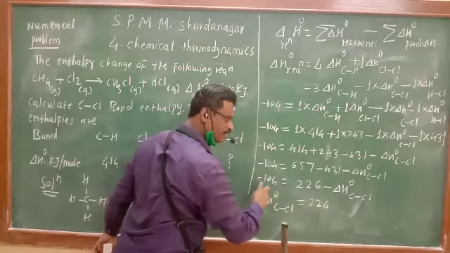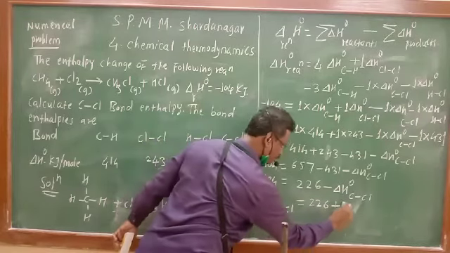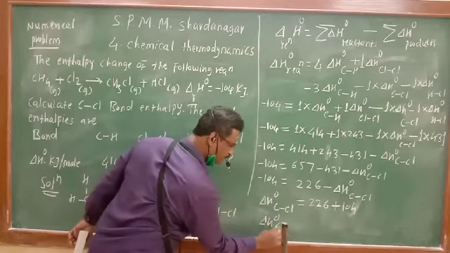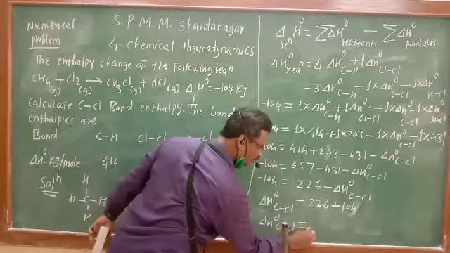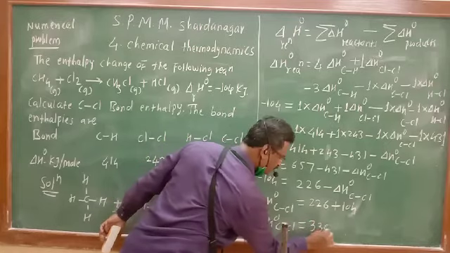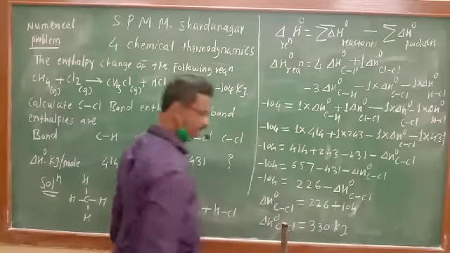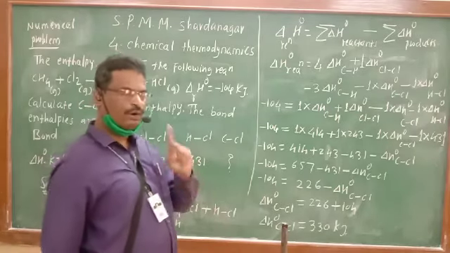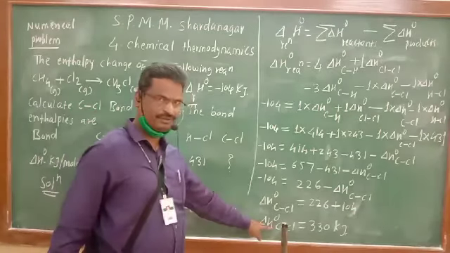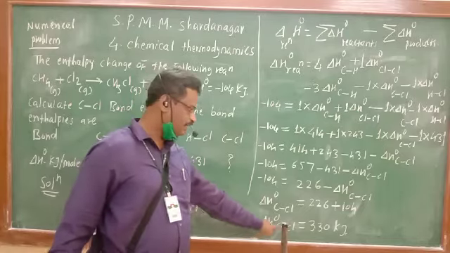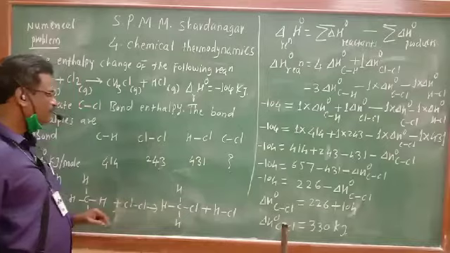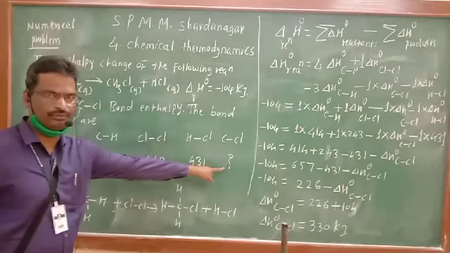This is minus; on the right side it becomes plus 104. Therefore delta H naught of CCl will be equal to 330 kilojoules per mole. To break 1 mole of CCl bonds, the energy required is 330 kilojoules. In that manner, we have calculated this value.